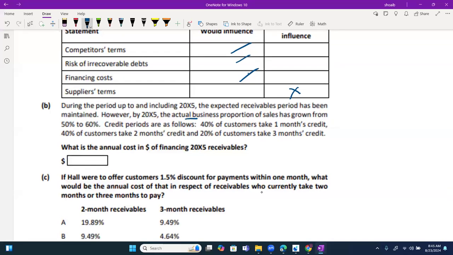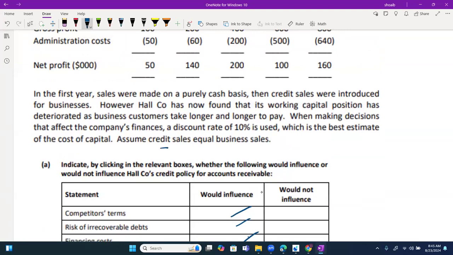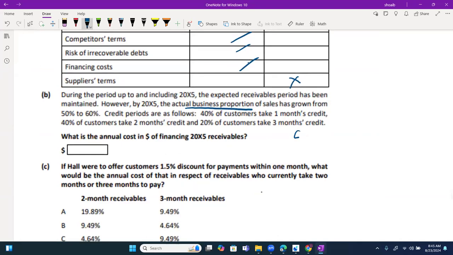The business sale is credit sale, that is written. Credit sale is business sale, so your credit sale is 60% of this, 960.